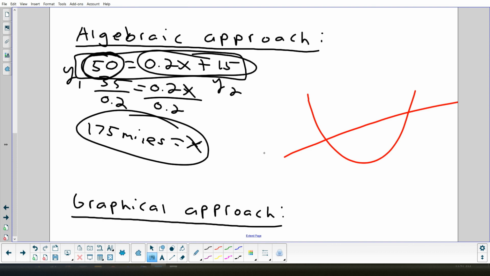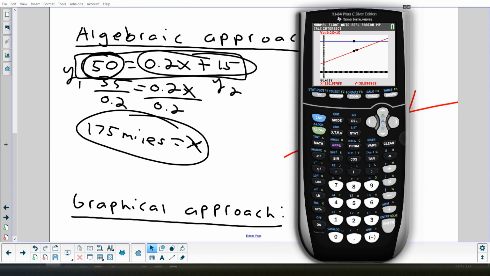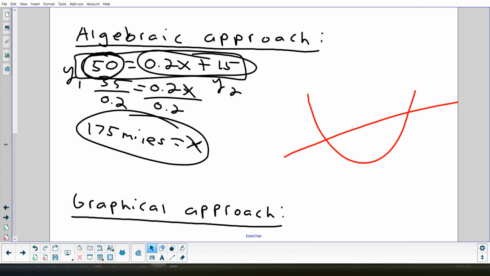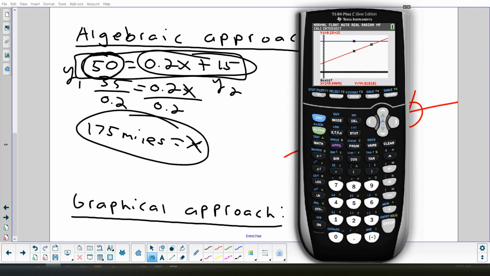If you slide your guess closer to this intersection point, it'll give you that one. If you move your guess closer to the other one, it'll give you that one. If you wanted both, you have to do it twice, just moving your guess. Like I said here, the guess doesn't really matter.